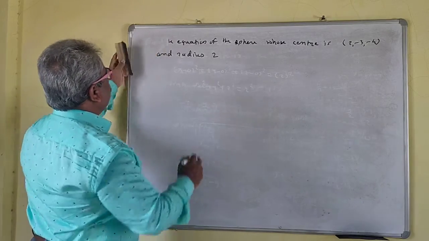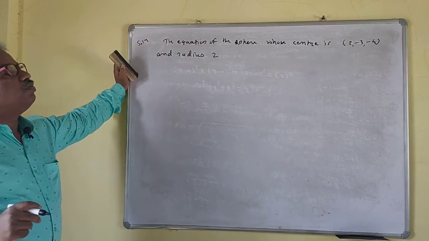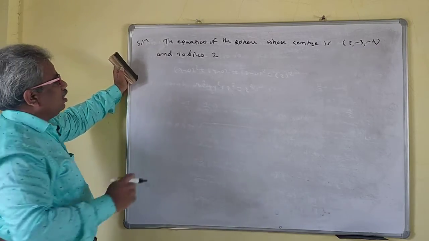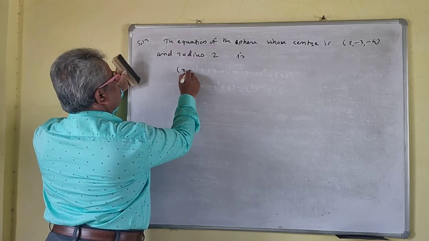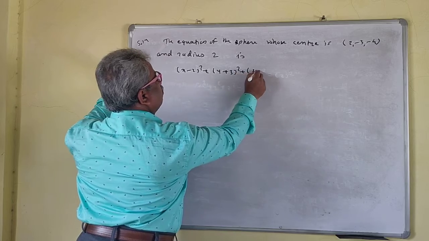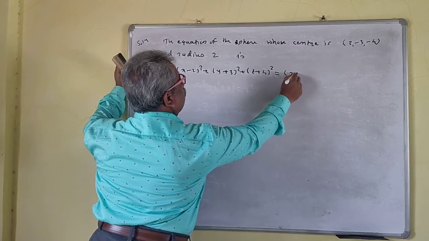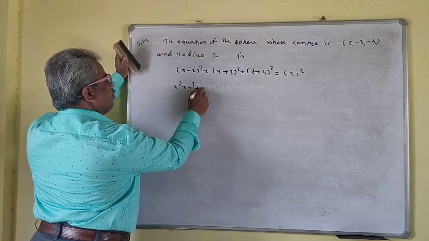So solution: the equation of the sphere whose center is at this point and radius 2 is (x minus 2) square plus (y plus 3) square plus (z plus 4) square is equal to 2 square. So this is x square plus y square plus z square.